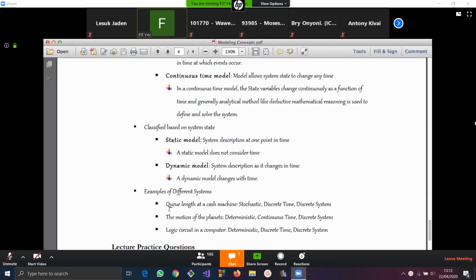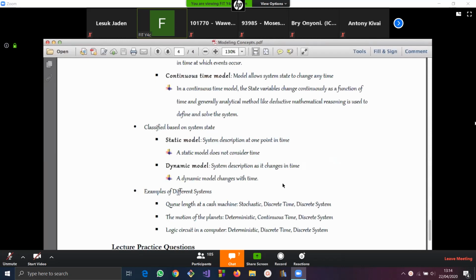Examples of different systems: queue length at a cash machine, the ATM, can be stochastic. Remember, we said stochastic is probabilistic. You do not know which queue position you will be in and who will be in the queue.